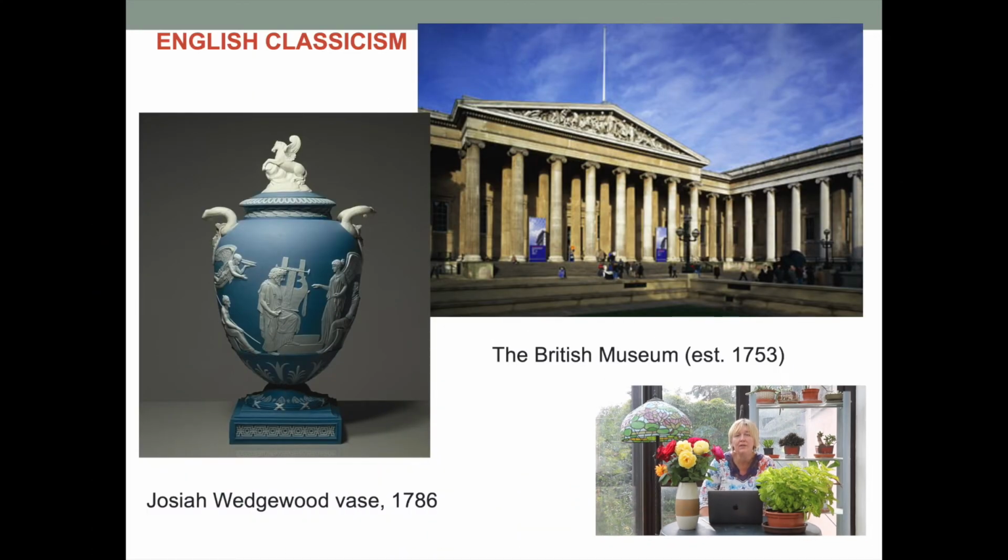For example, the British Museum opens in 1753. We have also some great masters of design like Josiah Wedgwood, and this whole trend in pottery, so in making vases, which are of course made in Britain from British materials, but they are stylistically inspired by classical antiquity.